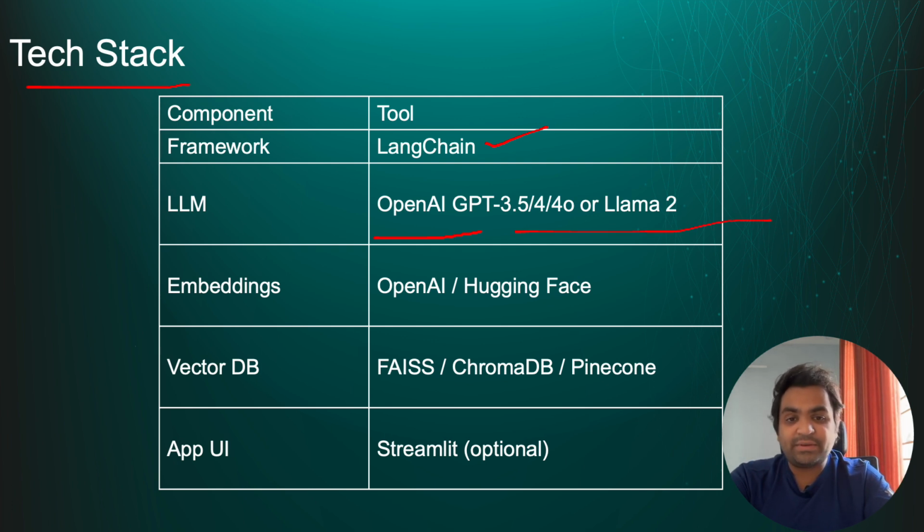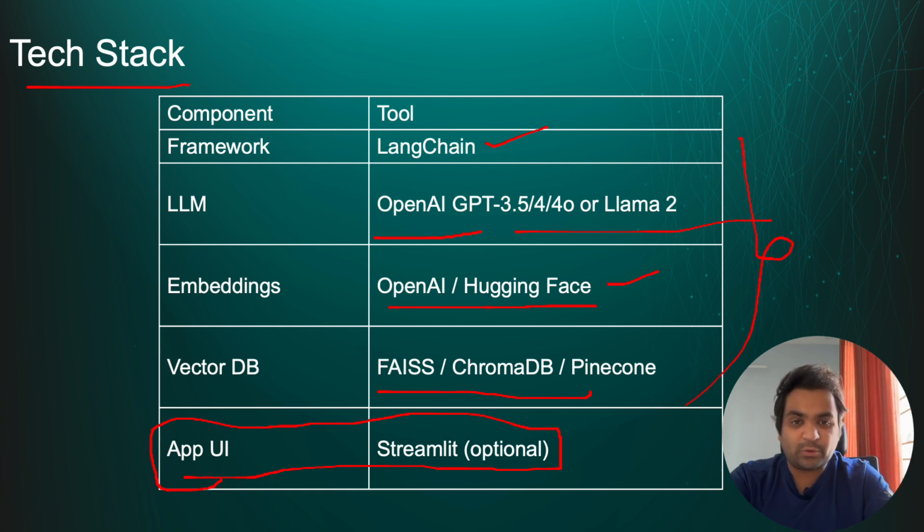In our example, we will use ChatGPT, maybe GPT-4o. For embeddings you can use OpenAI's or Hugging Face; I recommend Hugging Face. For the vector DB, you can use any of the open source DBs available. The UI is very optional. If you are just playing in a Jupyter notebook, that is still fine. A UI is not required, but with only these we can achieve what we want to do.